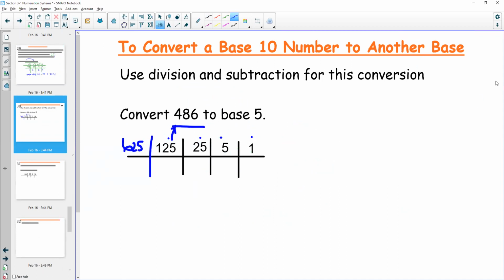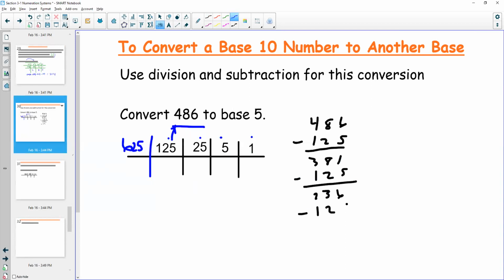So I have 486. I'm going to subtract away 125 as many times as I can. So I'm going to get 381. Can I do it again? Yes. I'm going to get 236. I have more room.